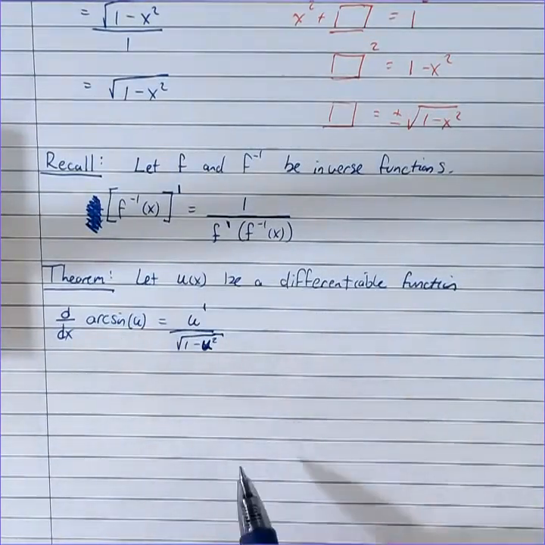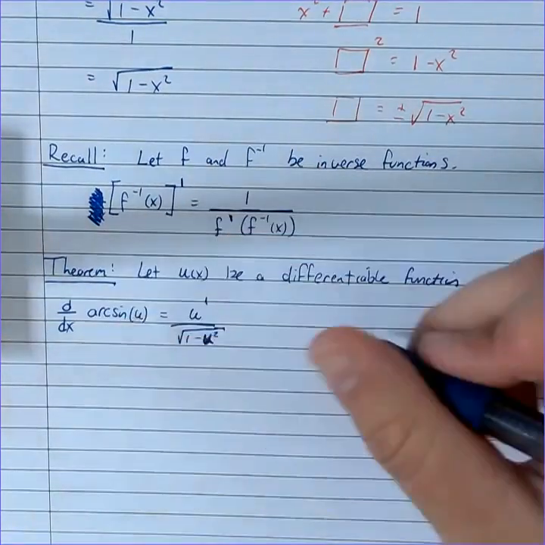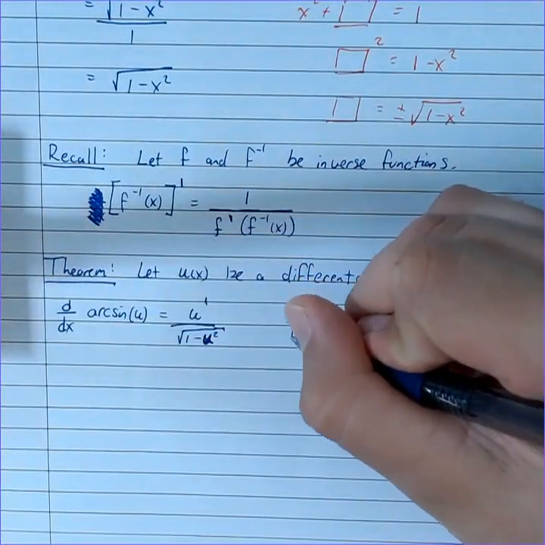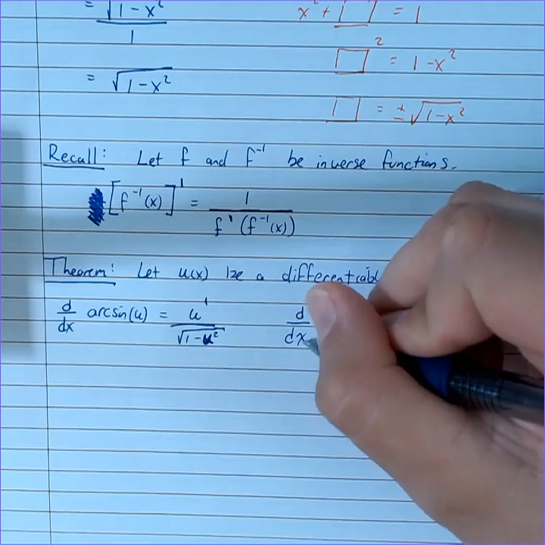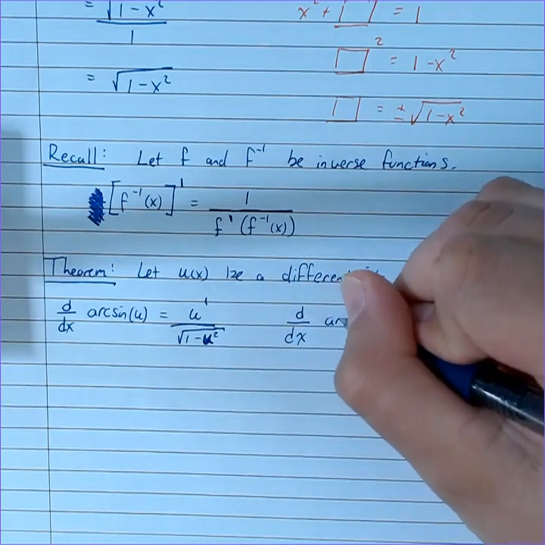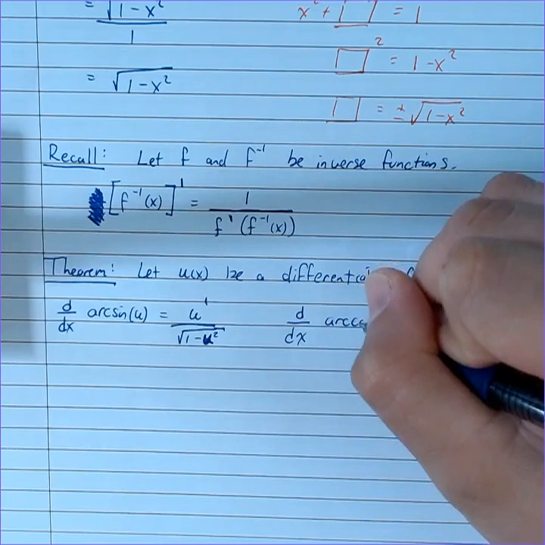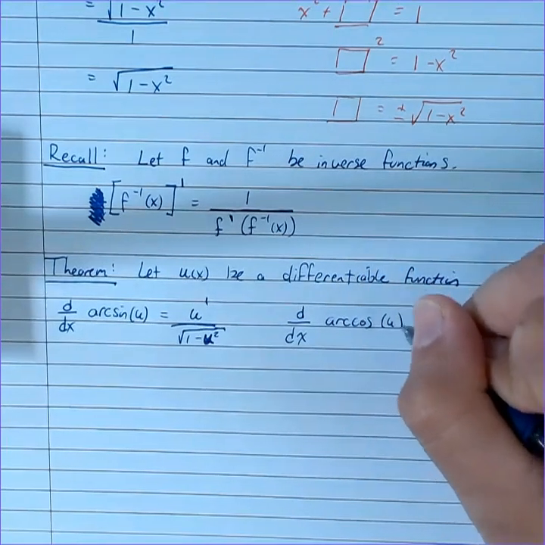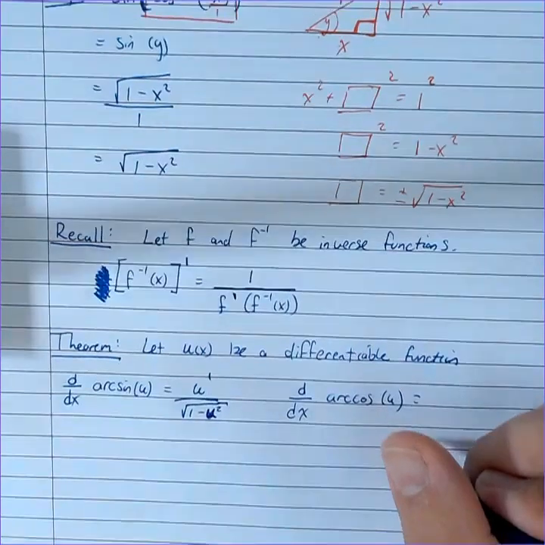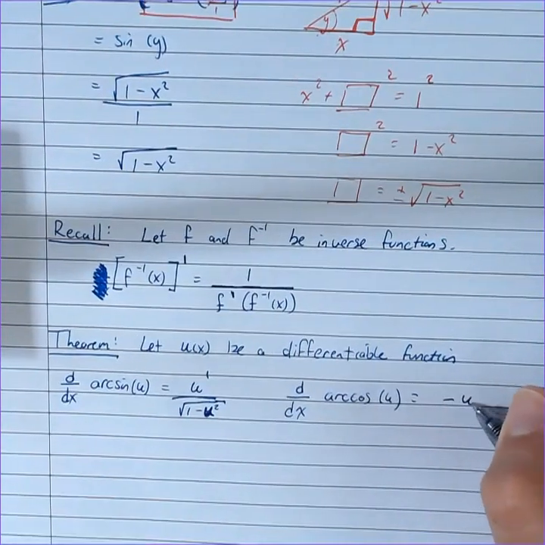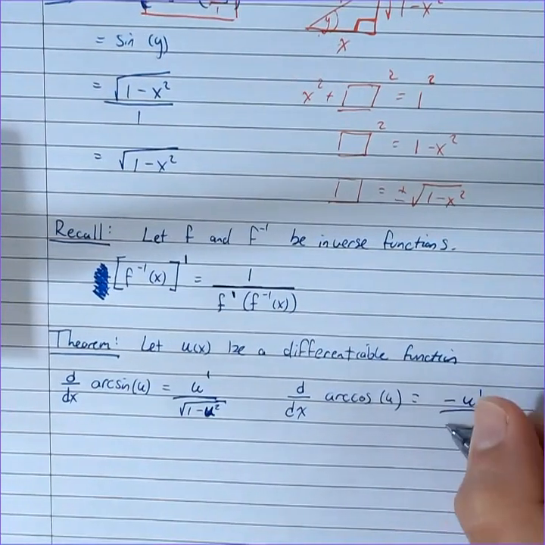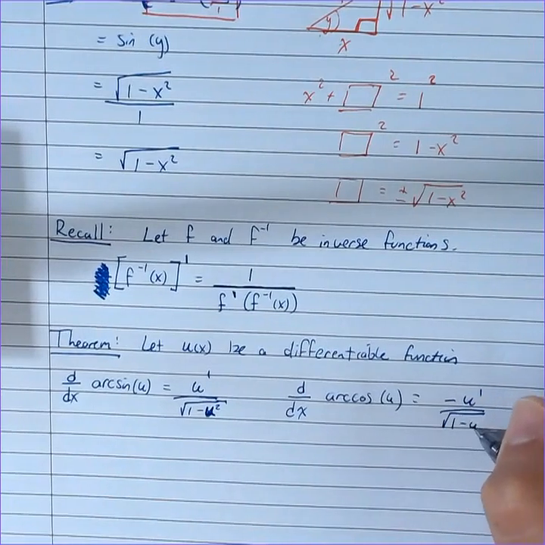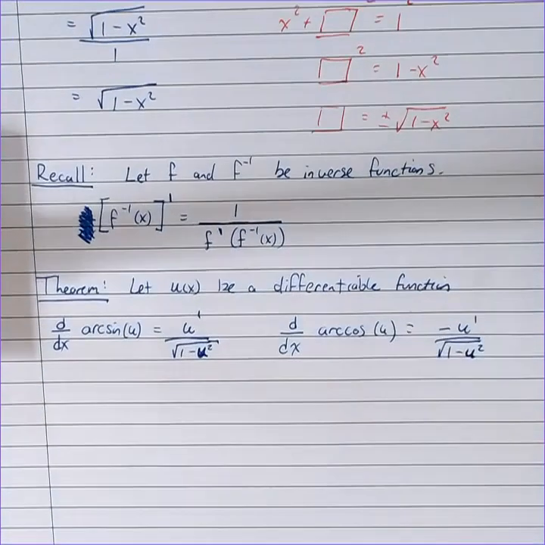We actually have a few others here. The derivative with respect to x of the arc cosine of u is going to equal almost exactly the same thing, except there's a minus here. So minus u prime over square root of 1 minus u squared, just like that. Okay.